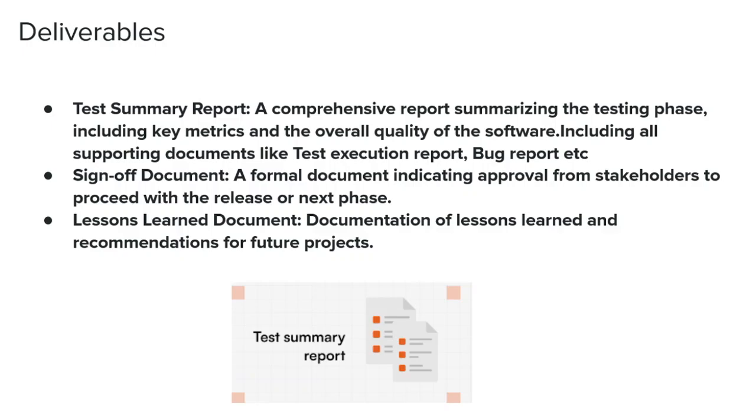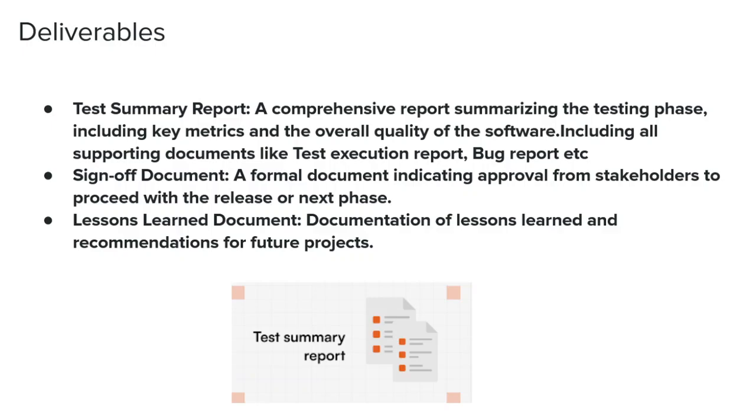Test summary report contains all the summary of the entire testing. It is a comprehensive report summarizing the testing phase, including key metrics and the overall quality of the software. Test summary report can include all the supporting documents like test execution report, defect logging report, any open issues.